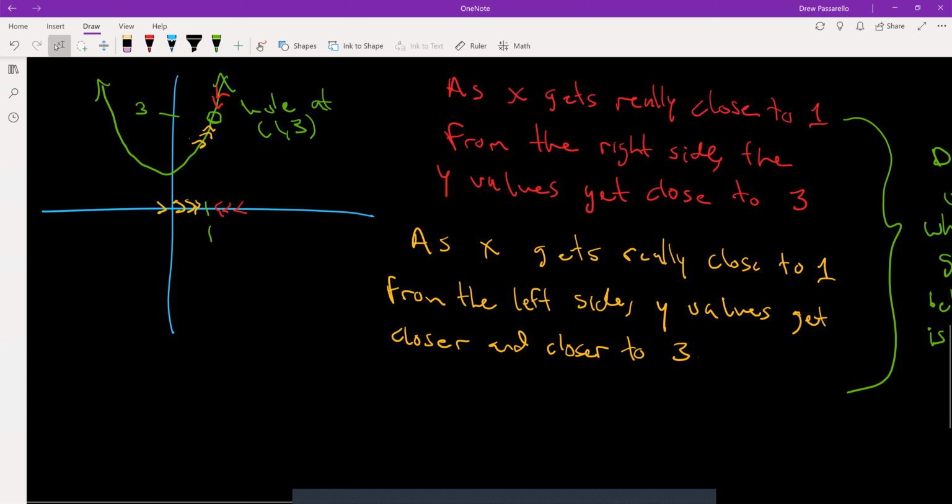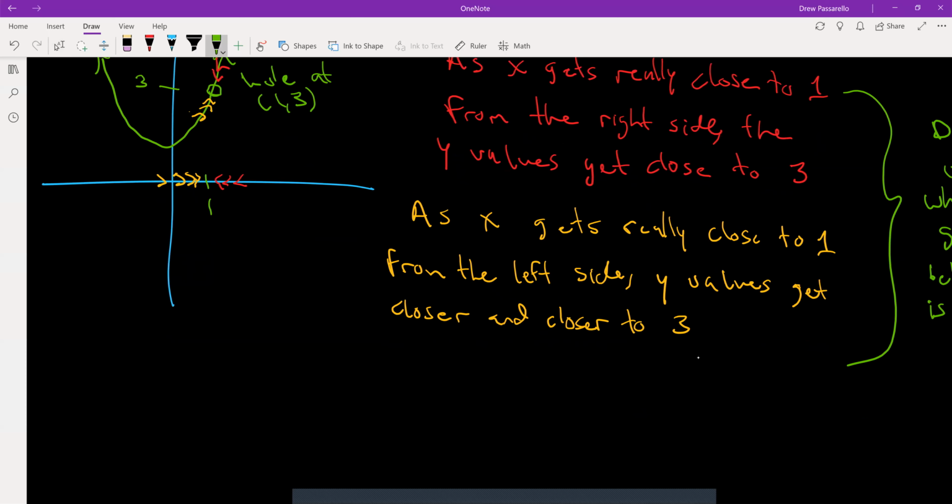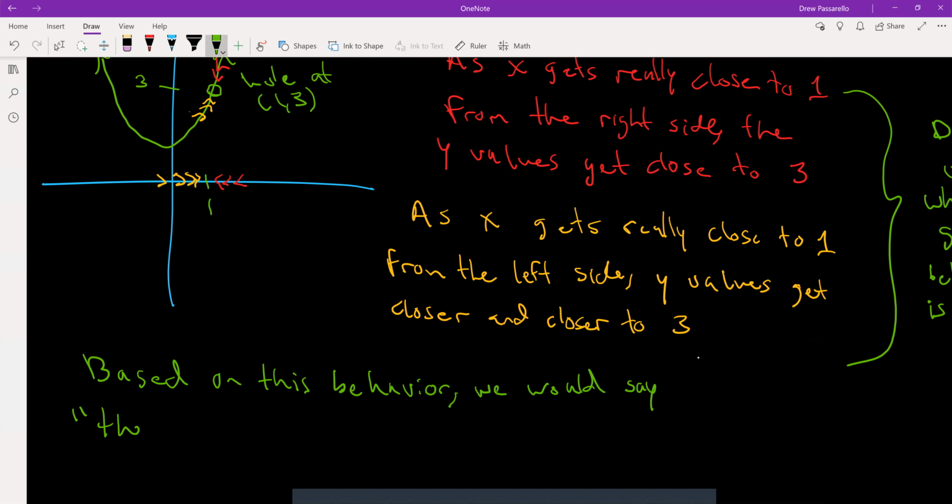And so we would say the limit based on this behavior, we would say, quote, the limit of f of x as x approaches 1 is the value 3.